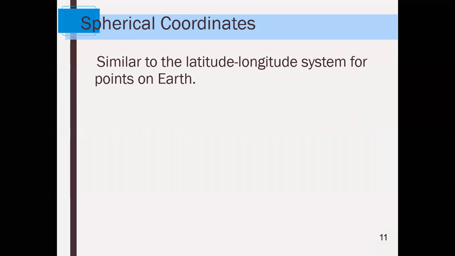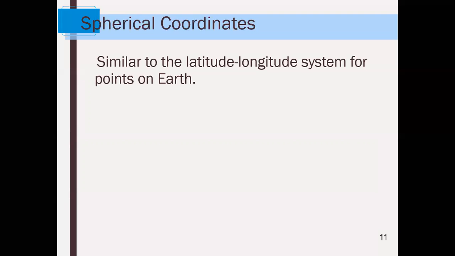Now, I will say that spherical coordinates are similar, although not exactly, to locating points on the surface of the Earth using longitude and latitude. The way I learned it was latitude is always the horizontal circles on the sphere; the circles have to be parallel to the equator of the surface of the Earth.